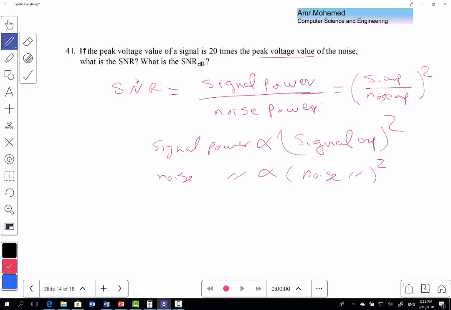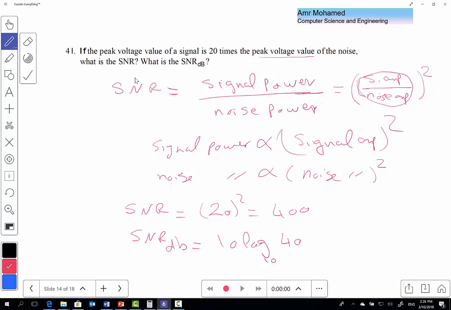Okay, so this ratio is 20 times. So then signal to noise ratio equals 20 squared, which is 400. And of course, signal to noise ratio in decibel equals 10 log 10 of 400. Okay, so remember that the signal power is actually proportional to the square of the signal amplitude.